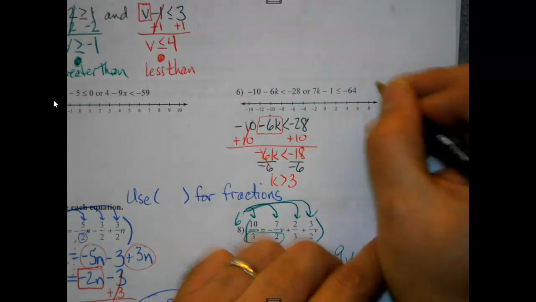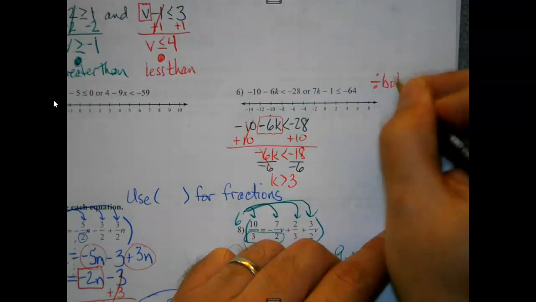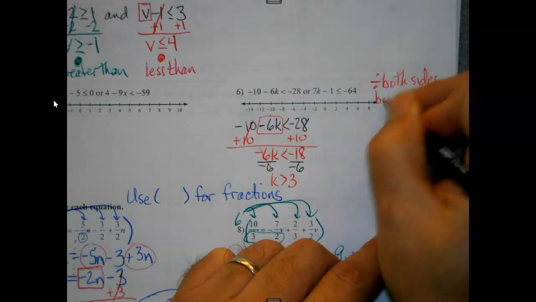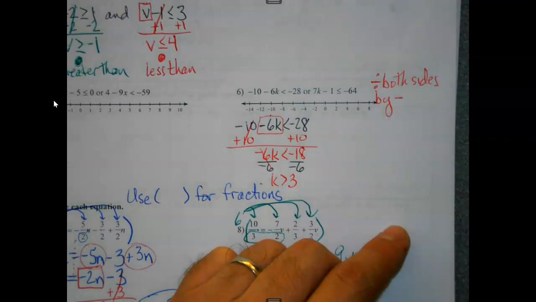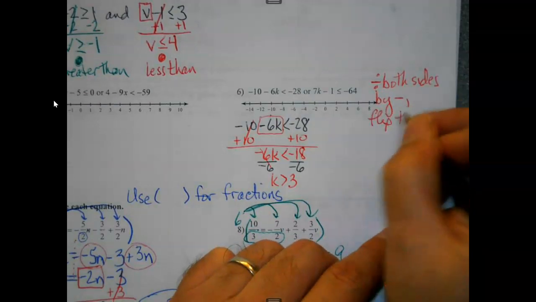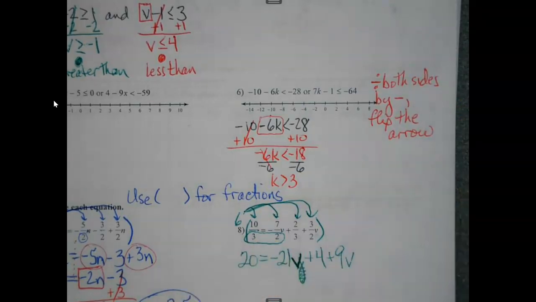Okay. If you divide both sides by a negative, you have to flip the arrow. Otherwise, you're going to end up with the wrong part of what you're looking for.